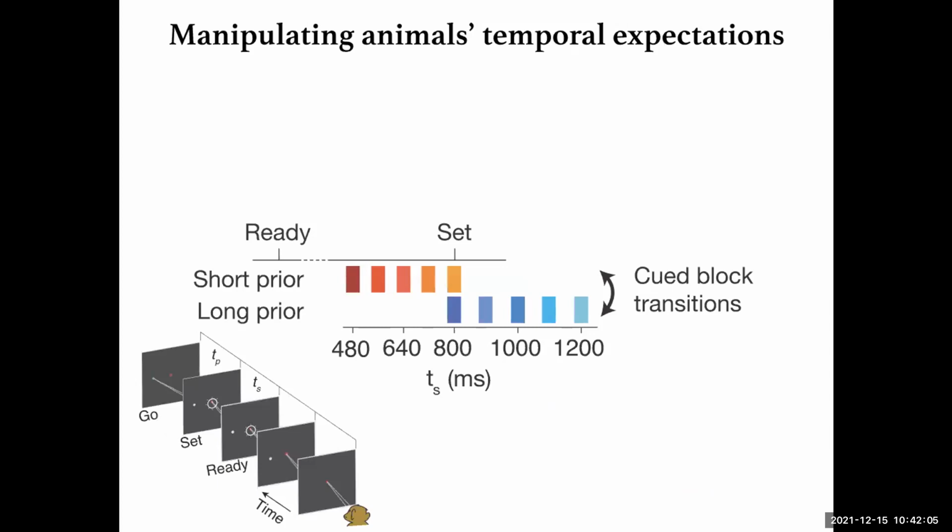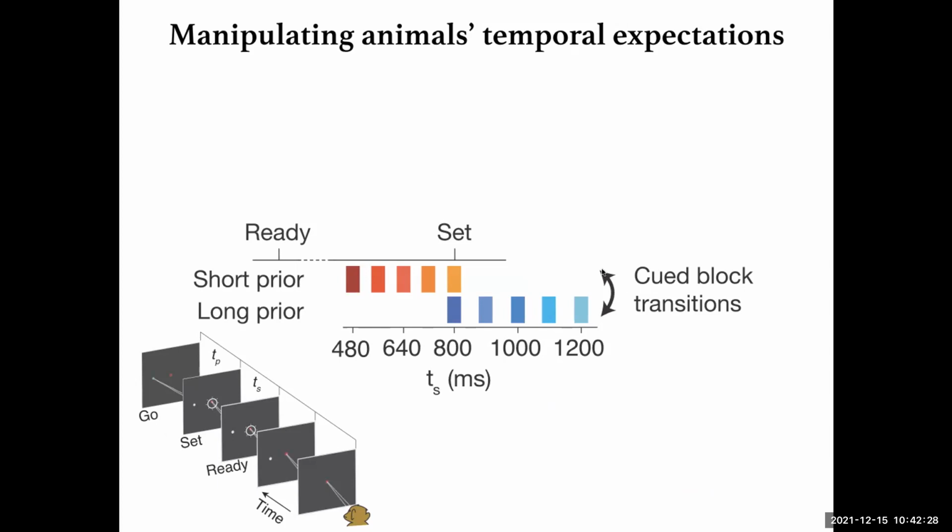Now, we use this task to manipulate temporal expectations by picking sample intervals which come from two different distributions. There's the short distribution, color-coded in red, and the long distribution, color-coded in blue. Each distribution has 5 equidistant intervals which will be uniformly sampled across trials.